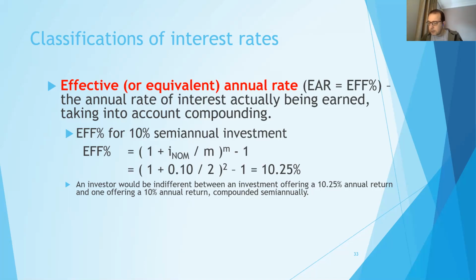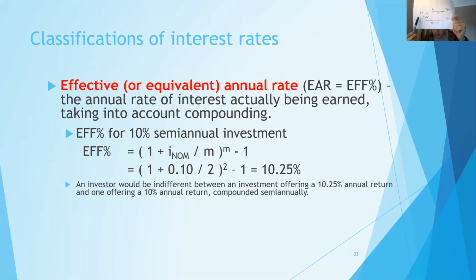So instead of investing 2 times, you can invest with, let's say, 10.25% per year, right? Or like this red one.